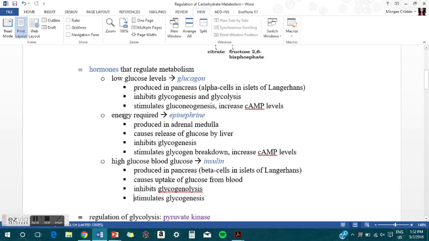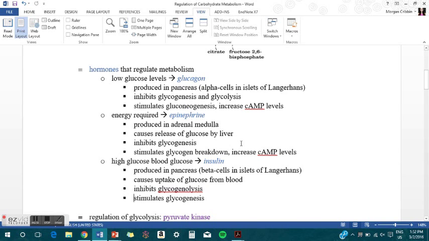You're going to want to make glucose so that you can release it into your bloodstream to increase your blood glucose level. Okay, so if you are at a state where you need some energy, let's say you haven't eaten anything and you're running to class to try and make it on time, your body's going to produce epinephrine. So this is produced in the adrenal medulla, and it causes the release of glucose by the liver.